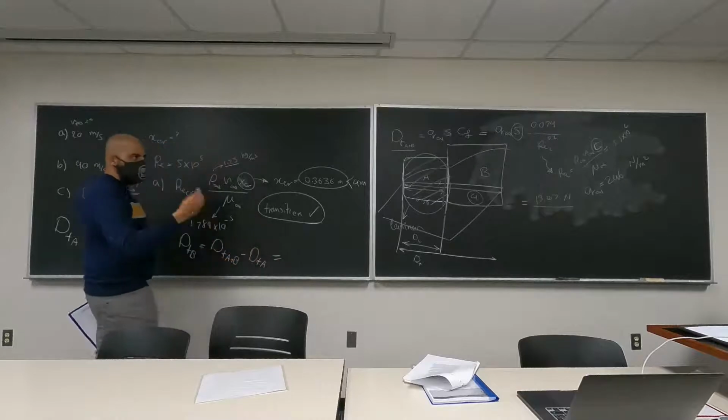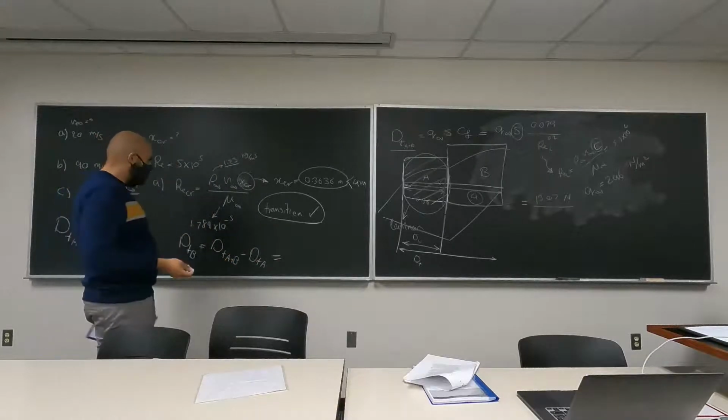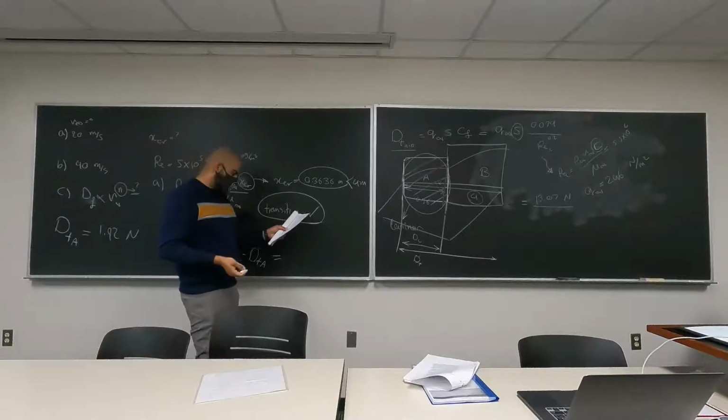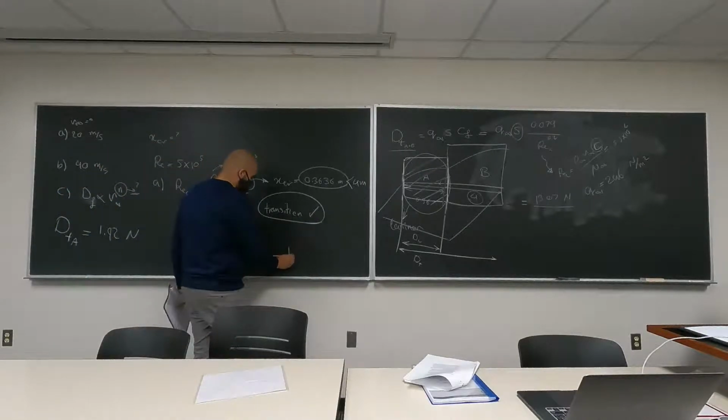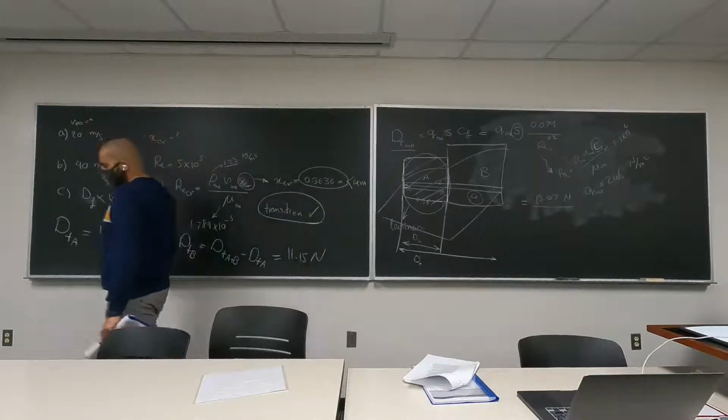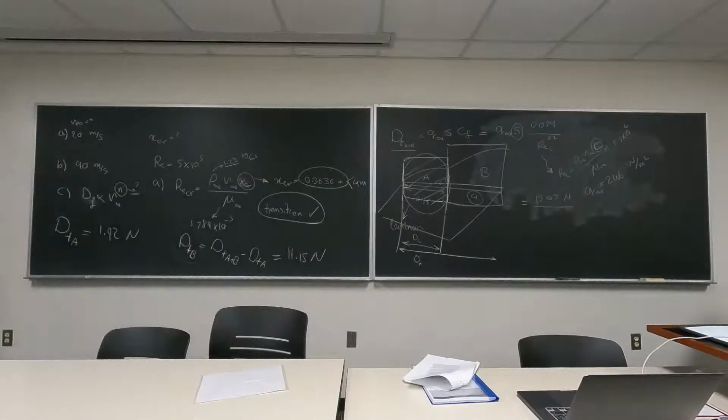And 13.07 minus 1.92 should give you 11.15 newtons. So turbulent drag's contribution is going to be 11.15 newtons to the whole thing.